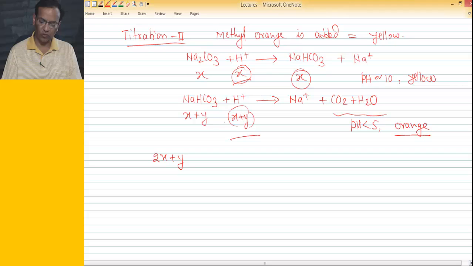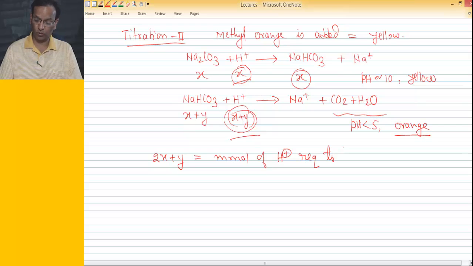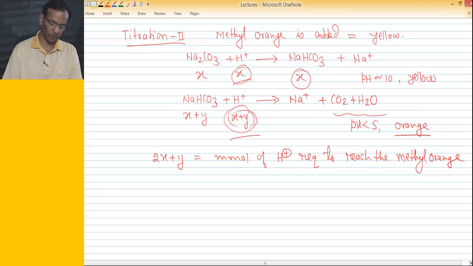X here, x plus y here. 2x plus y is equal to millimole of H plus required to reach the methyl orange endpoint.